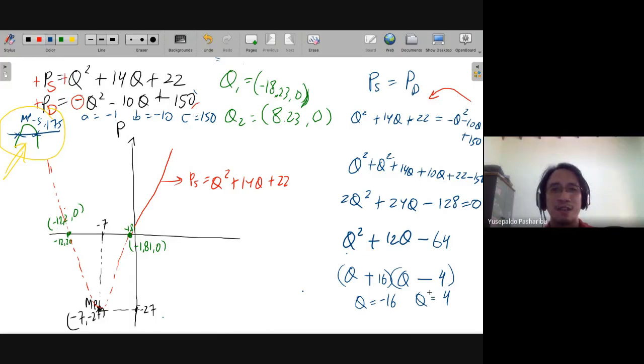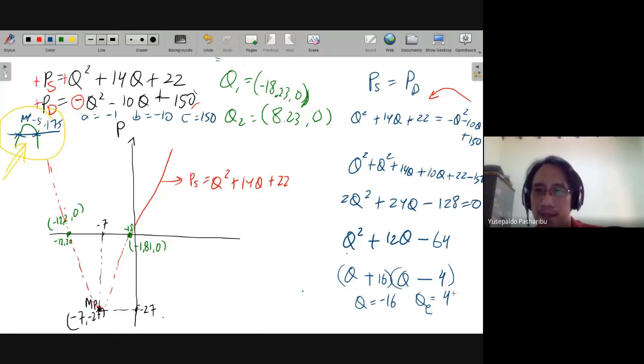So when Q is 4, let's use the positive one. This is called Q equilibrium, the Q of the intersection between demand and supply. We will learn about it in the next tutorial, but I want you to understand it first, just for a brief explanation.